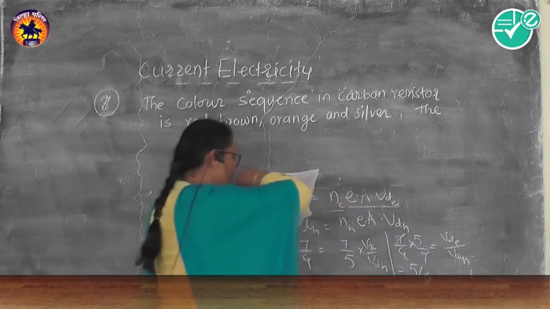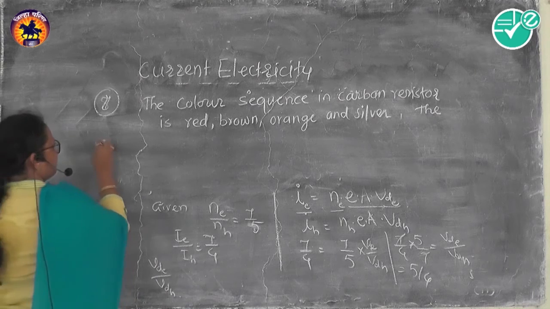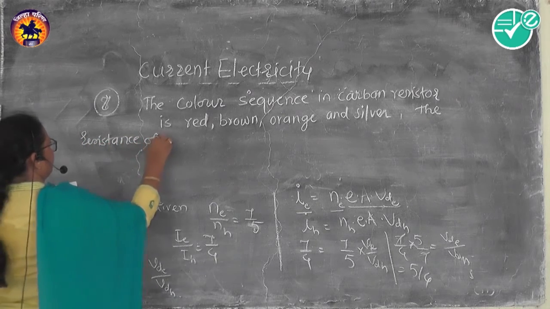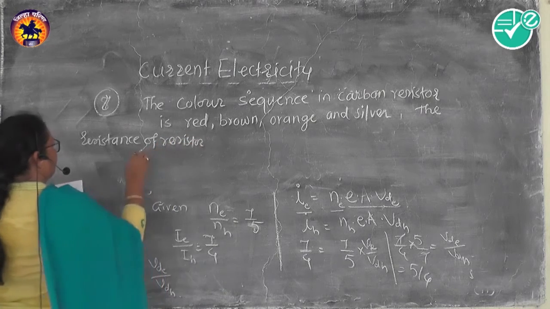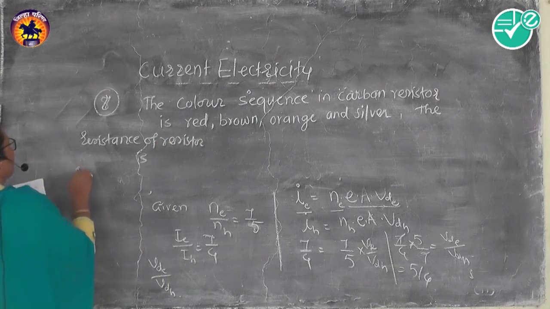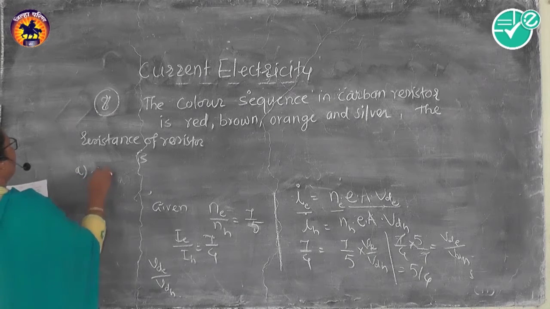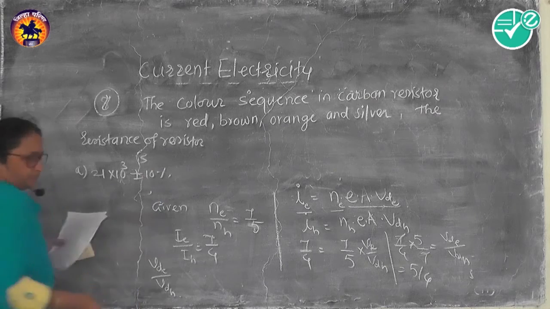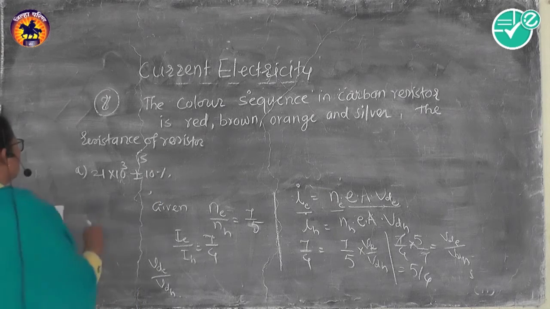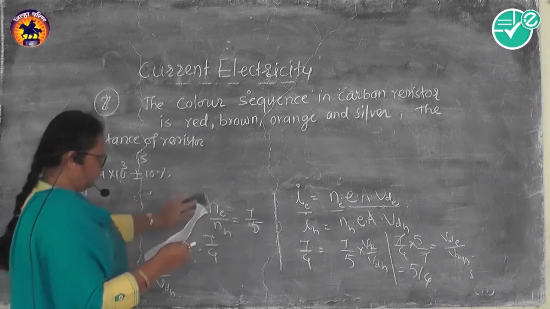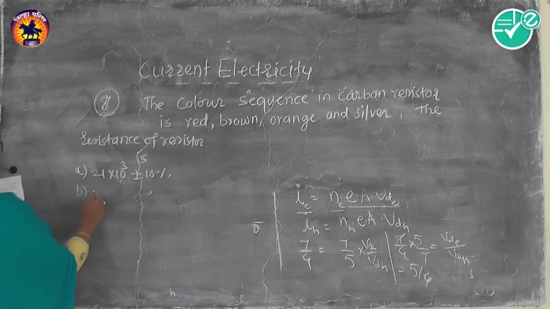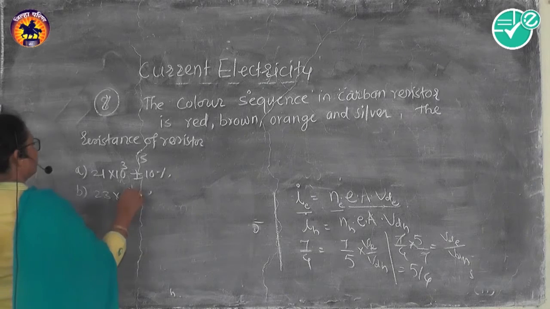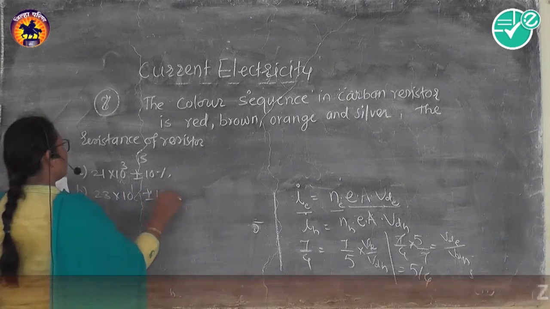The resistance of the resistor is: first option, 21 into 10 to the power 3 plus or minus 10%. Second option, 23 into 10 to the power 1 plus or minus 10%.